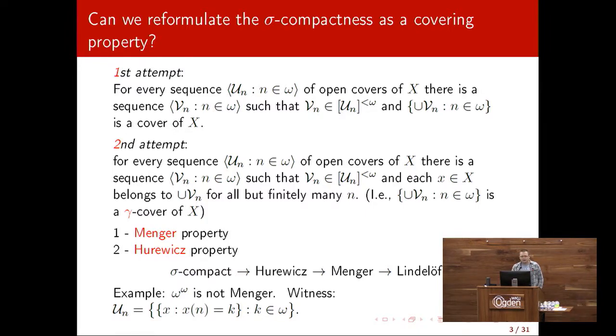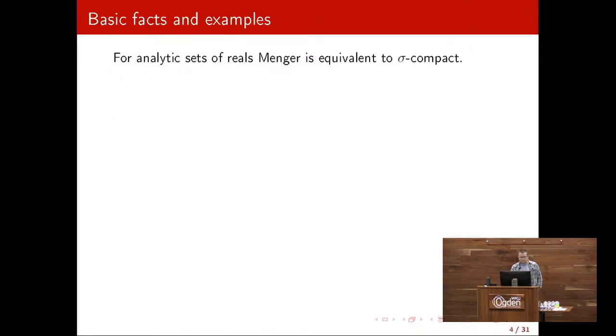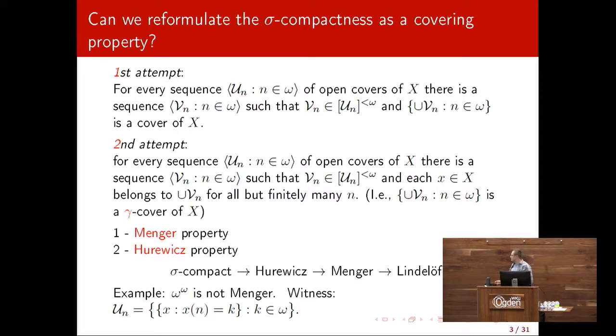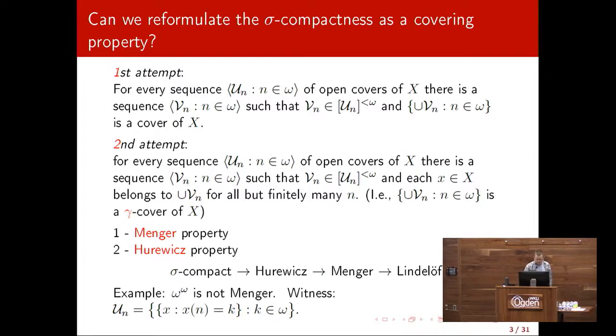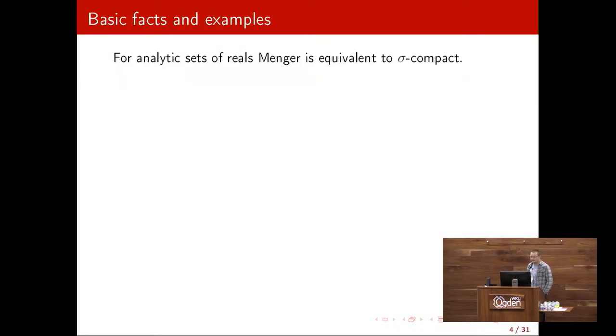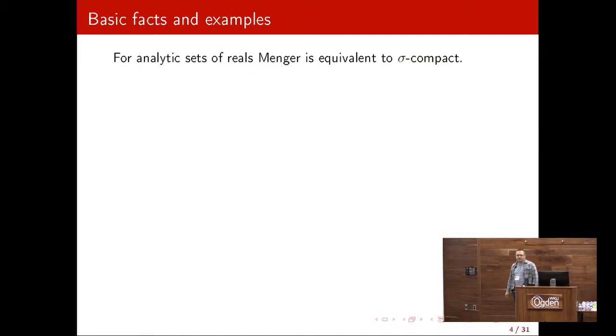Good. So if you would like to construct counterexamples, say, both Menger and Hurewicz conjectured that the properties they invented are equivalent to sigma compactness, at least for metrizable spaces. And they were right for all nice spaces, namely for analytic sets of reals. Let me remind you that analytic means that it's just a continuous image of the Baire space of irrationals.